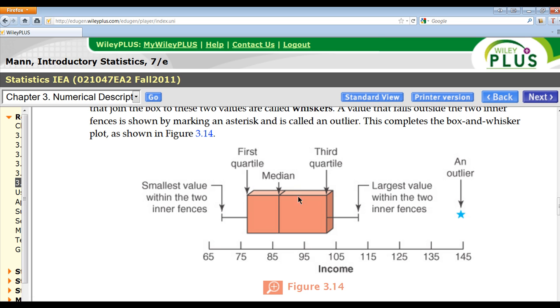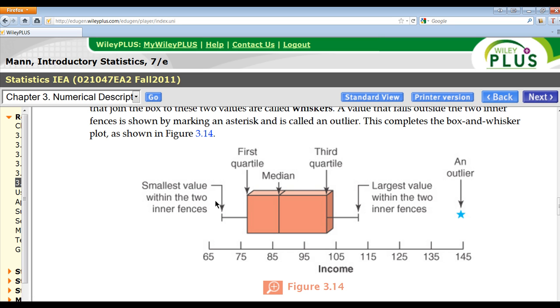Well, you can see that this line here is the median. Okay? And you can see that they point here. This is the first quartile, and this is the third quartile. Then here, the end here is called the largest value within the 2 inner fences, whatever that means. And this is called an outlier.